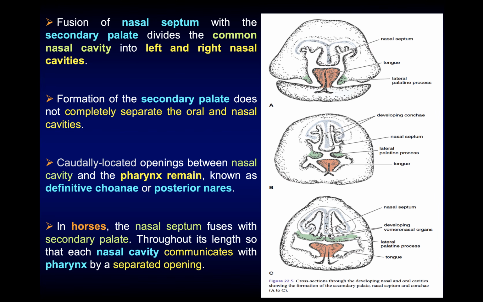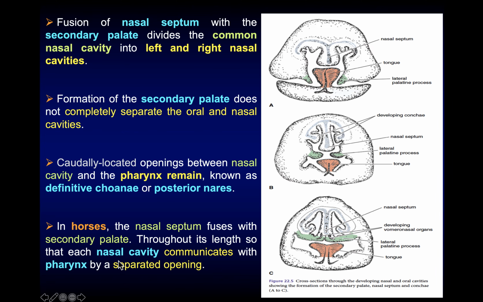Very important thing we said about the caudal portion. Usually the nasal septum is atrophied, so we have a common nasal cavity for both right and left nasal cavity, and we call it the caudal nares, or in a human they call it posterior nares, but in the animal we call it caudal nares or the choanae.